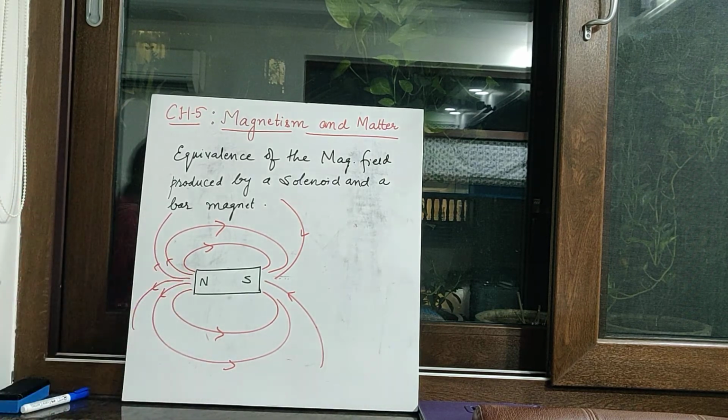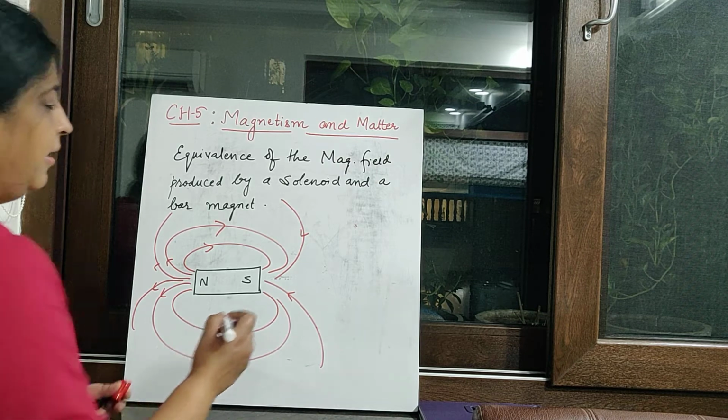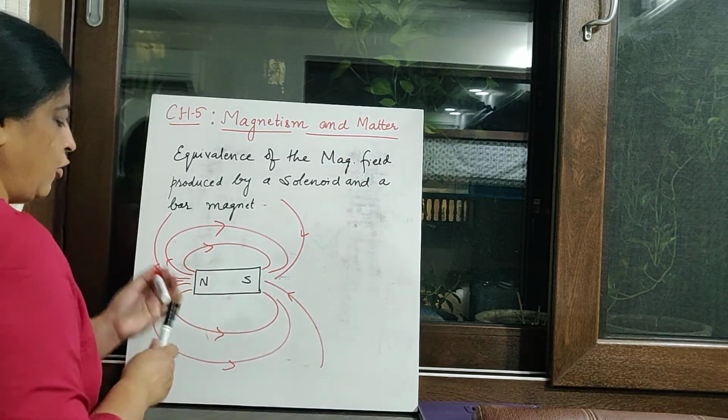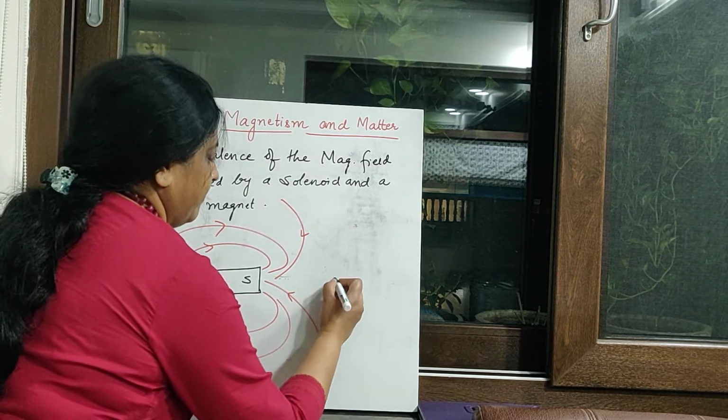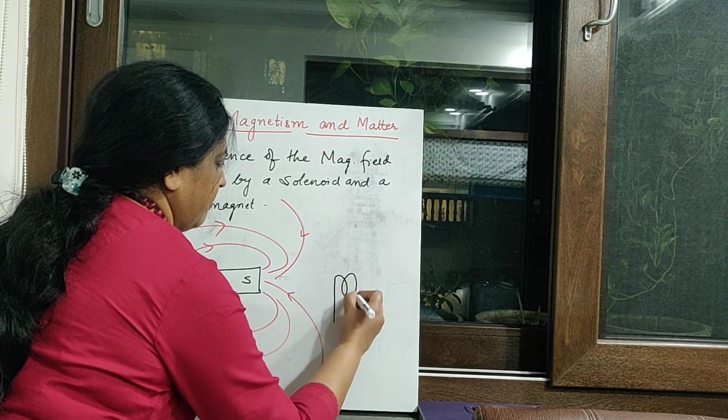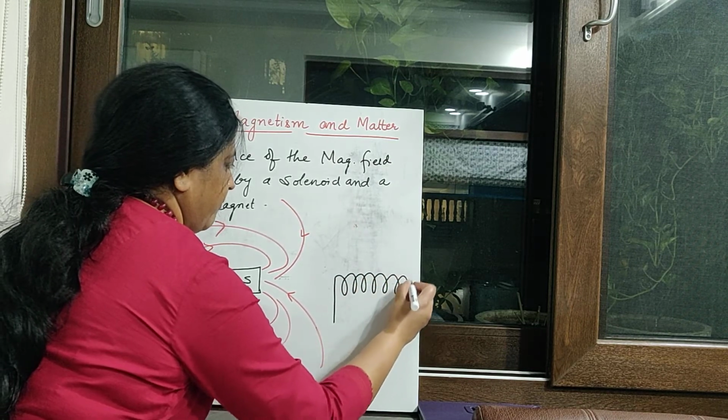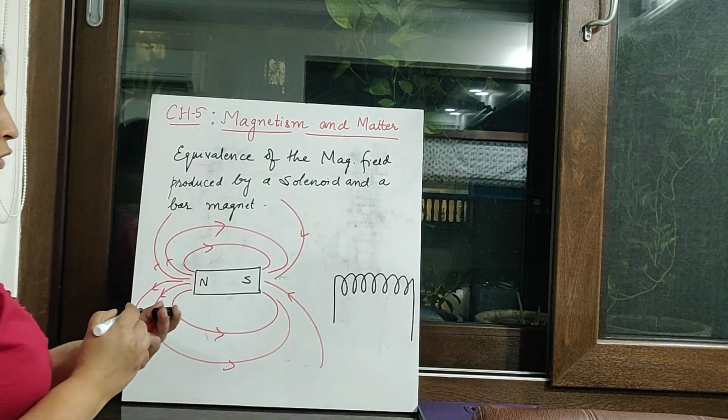So the magnetic field around the bar magnet is like this. And suppose we have a solenoid. Now this is a solenoid.